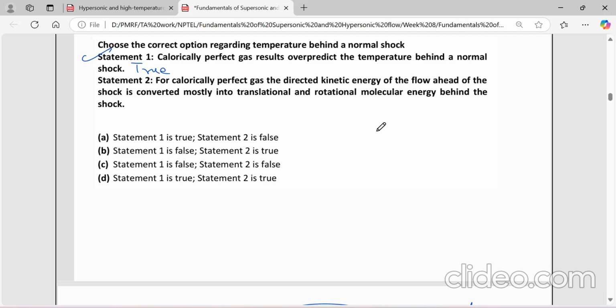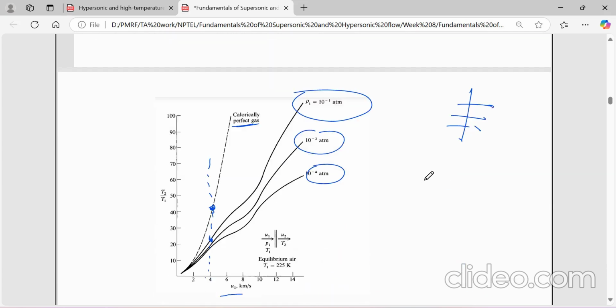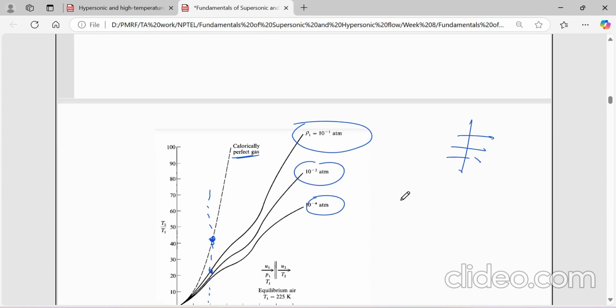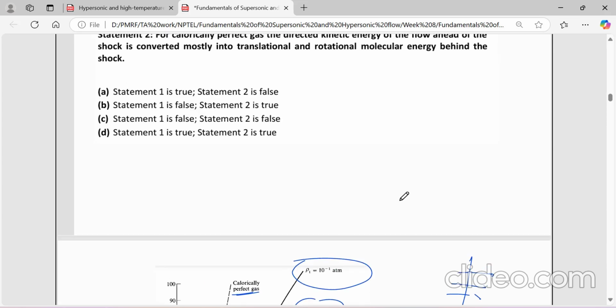As some of the energy is distributed to other modes of energy also, the temperature we are getting for the equilibrium chemically reacting mixture is lower than for the calorically perfect gas.